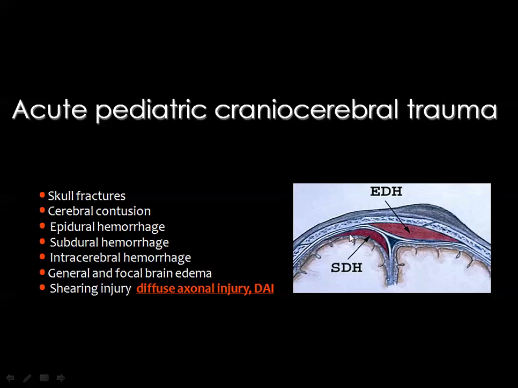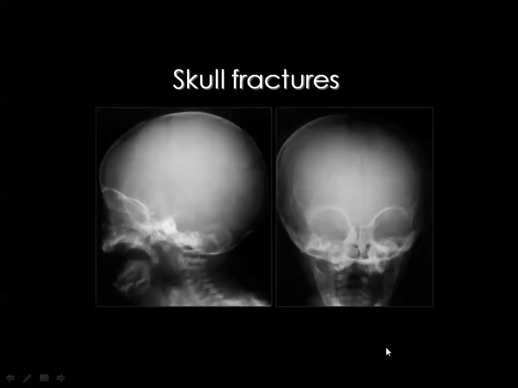Sometimes it is associated with fractures, but the subdural hemorrhage in the pediatric age group is usually related to trauma and may also be associated with skull fractures. Then skull fractures were diagnosed previously by the plain X-rays with some difficulties in misinterpreting a suture as a fracture.